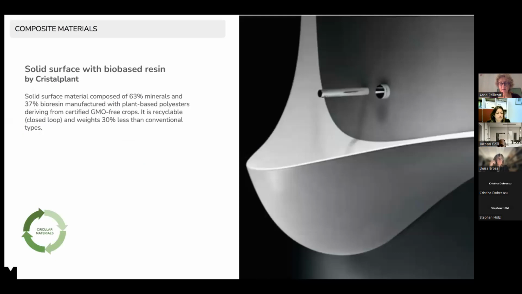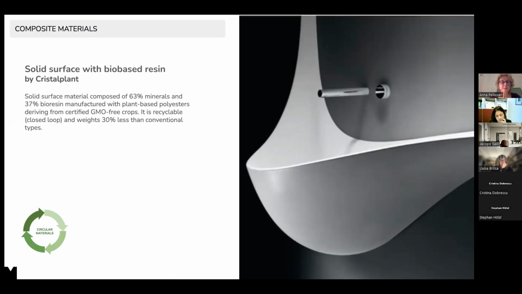So clearly, a way of reducing the impact besides the process is, for instance, using bio-based components for resins instead of oil-based components. And this is a solid surface material by Crystal Plant, which, solid surfaces are typically based on minerals, alumina typically, and resins.